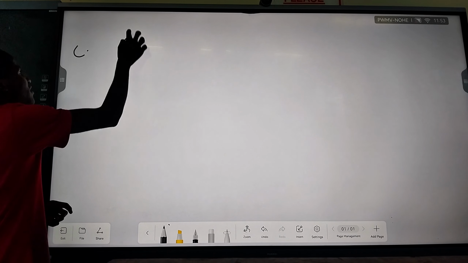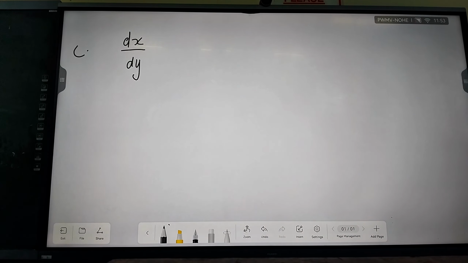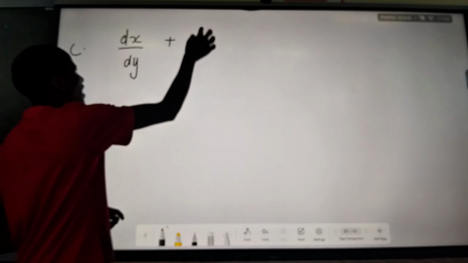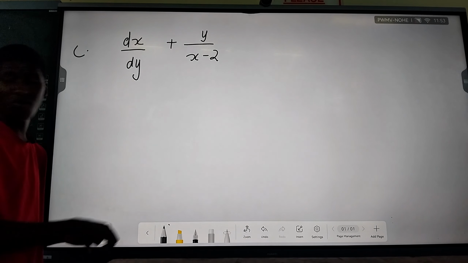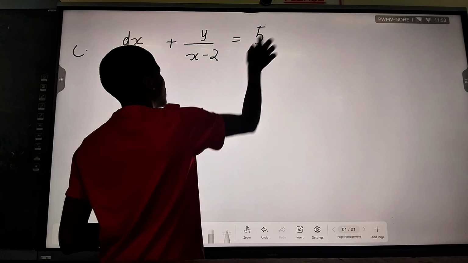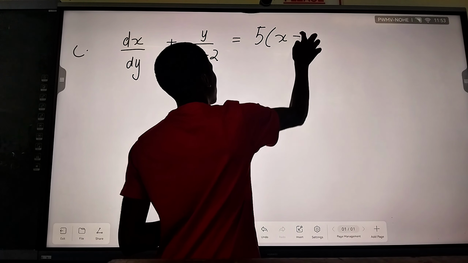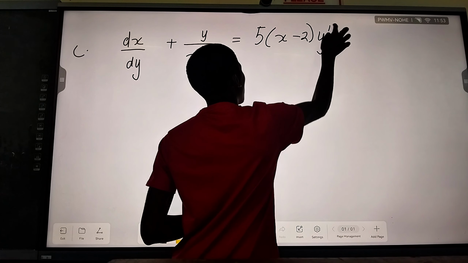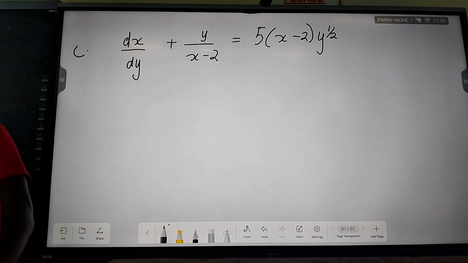It's dy dx plus y over x minus 2 is equal to 5 times x minus 2 times y to the power of half.